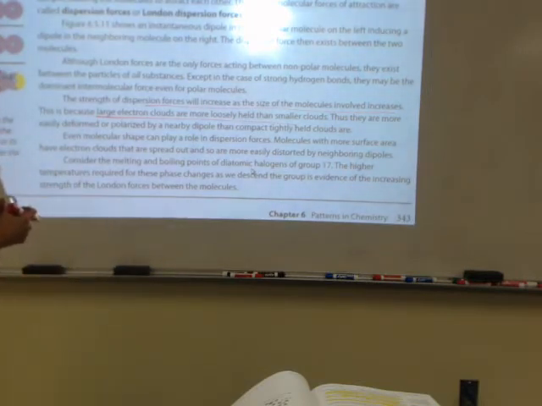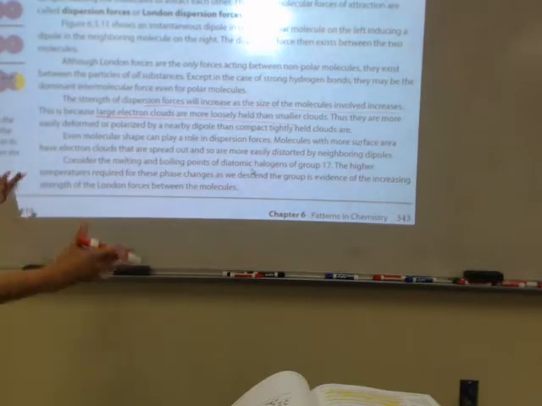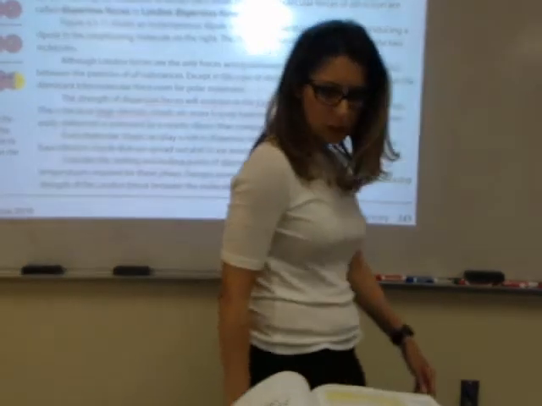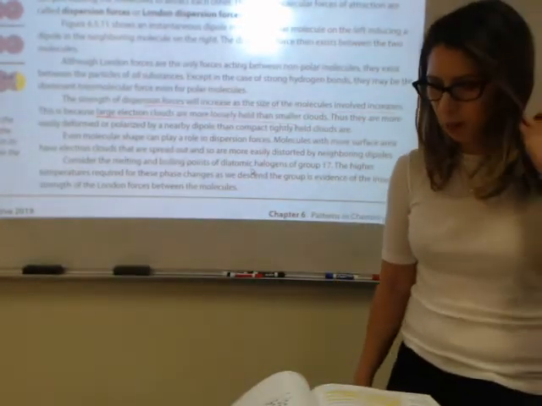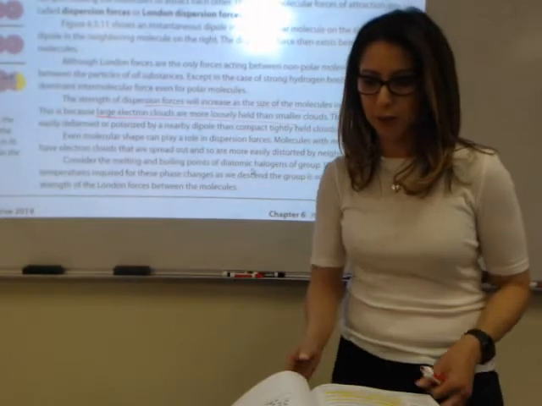And if you have more surface area in a molecule, it will also have stronger London dispersion forces. And the shape of the molecule, which is going to influence surface area because the electron clouds may be more spread out, will also influence it.